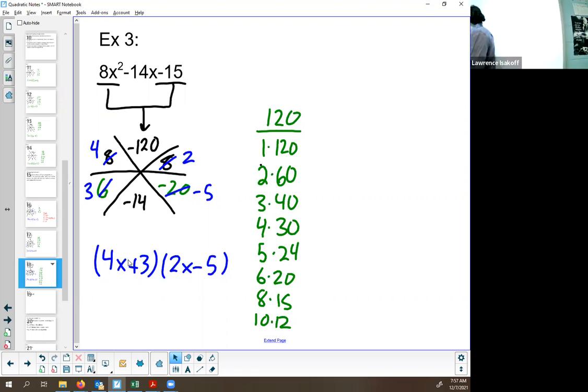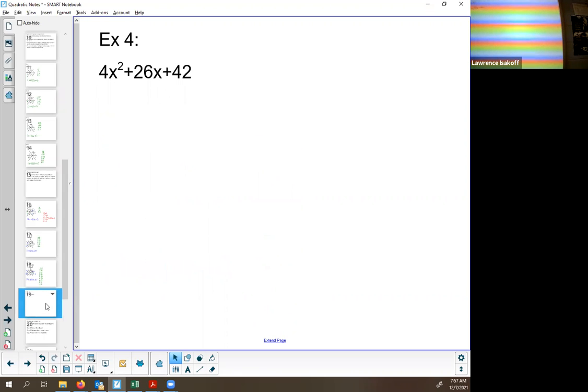So one more example here. Now this example is a little bit special. I have 4x squared plus 26x plus 42. Does anybody notice anything special about all 3 of those numbers?